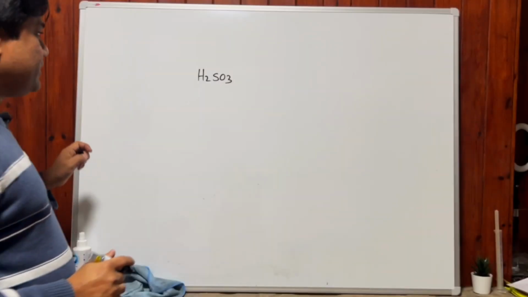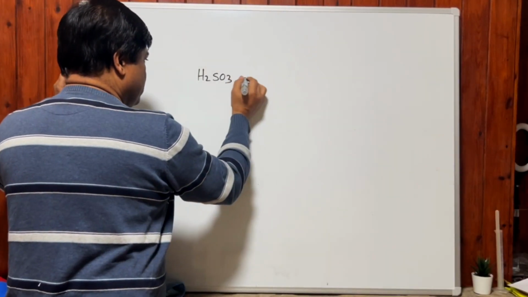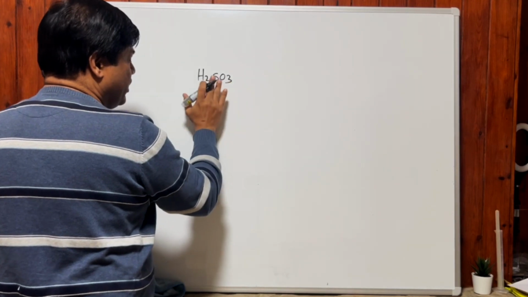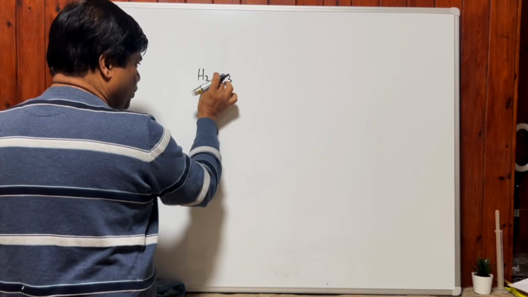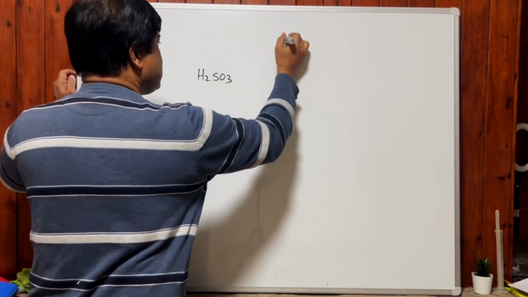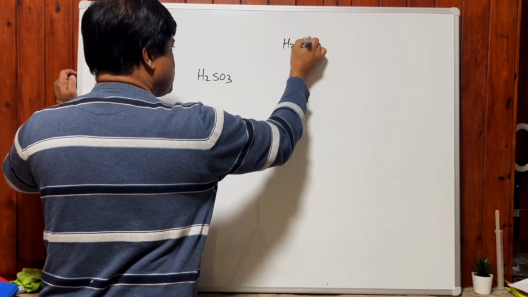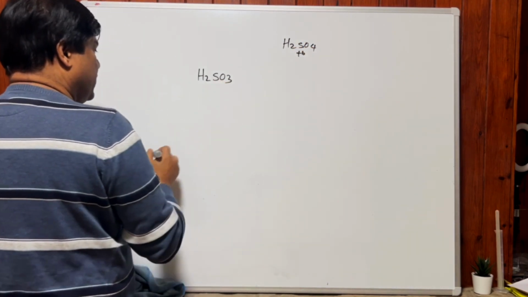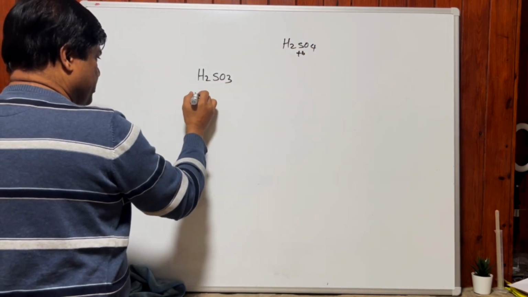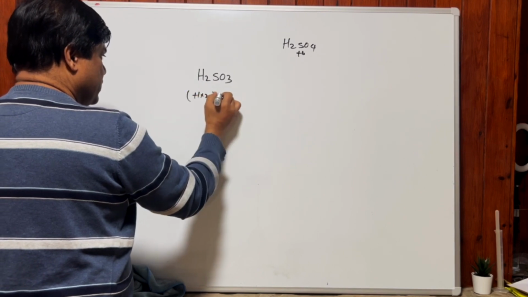Sulfurous acid. Now, I want to work out the oxidation state of sulfur in sulfurous acid. This is sulfuric, H2SO4, +6. Let's see. Hydrogen +1, we have 2 hydrogen.